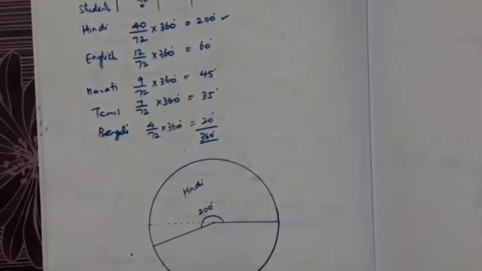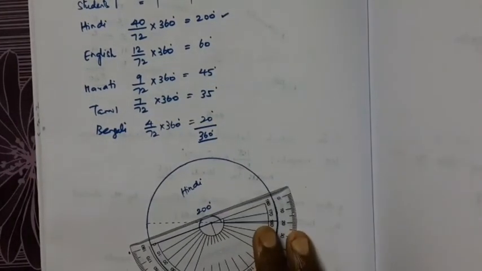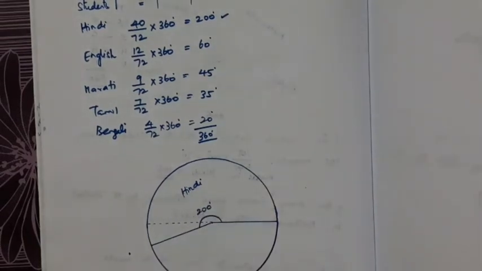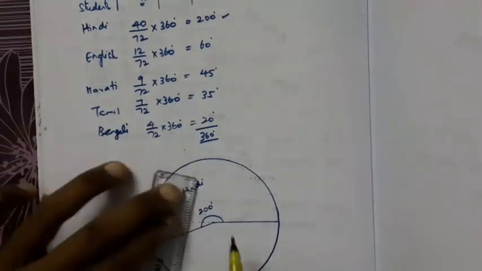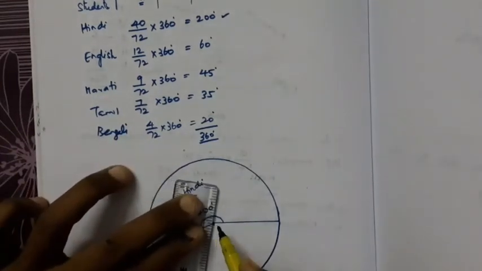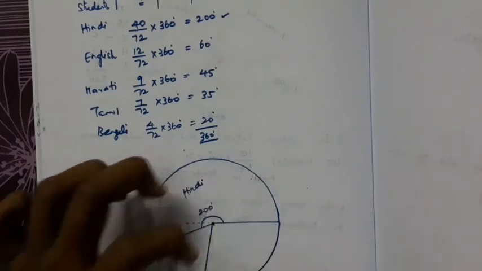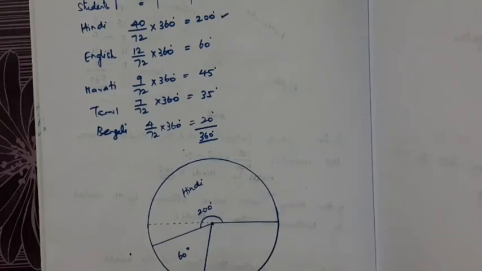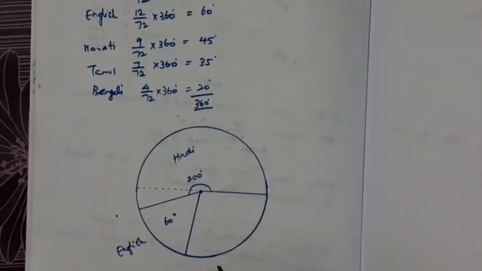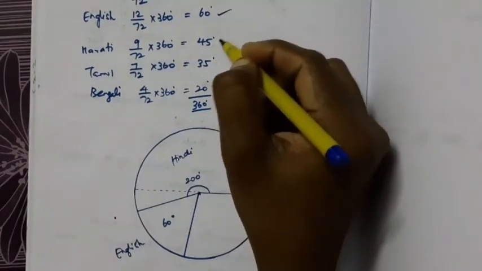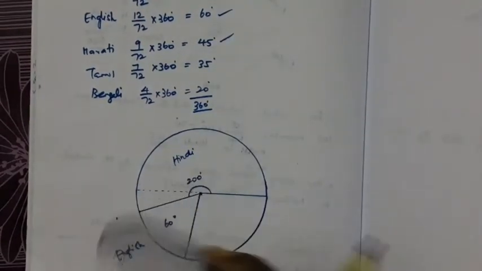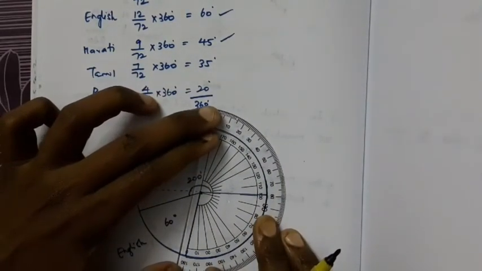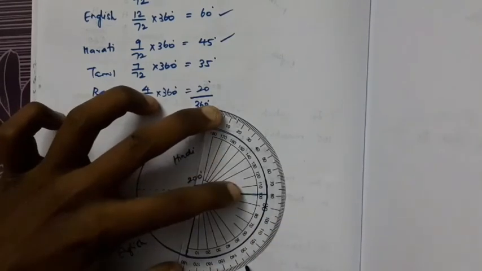Then it is English, 60. From this line, here it is 60. So this is 60 degrees, English. Again 45 degrees, which is Marathi. So 45 degrees is here.